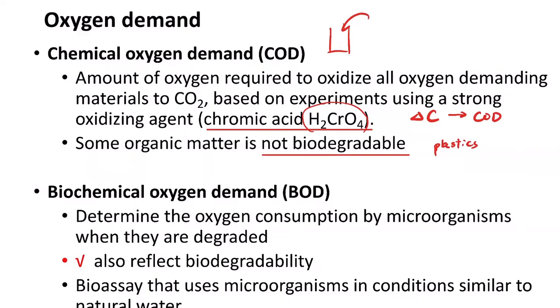So it's not going to reduce the dissolved oxygen, and it's not affecting the oxygen demand. But if you have these plastics in this solution and you add in the chromic acid, they're still getting oxidized into carbon dioxide and water. So the chemical oxygen demand is kind of an overkill, or an overestimation of the oxygen demand, because there are many things that theoretically are not reducing the dissolved oxygen in the wastewater.